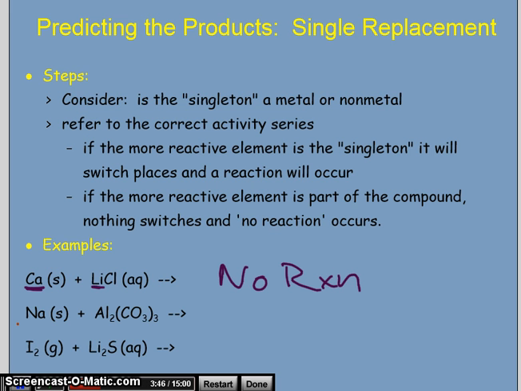Na makes a +1 charge, and the CO3 is a -2. And then the Al would be by itself.